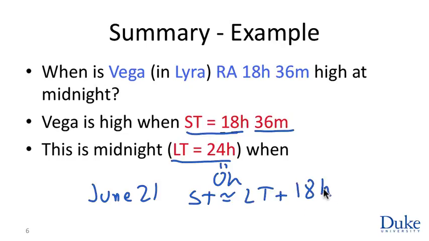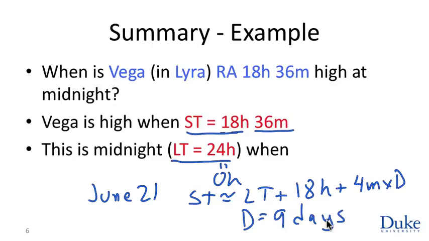And so if we wait d days later, sidereal time will be local time plus 18 hours plus 4 minutes times d. If we want 4 minutes times d to be 36 minutes, d is going to be 9 days. And Vega will be high overhead at midnight, 9 days after June 21st, on or about June 30th.